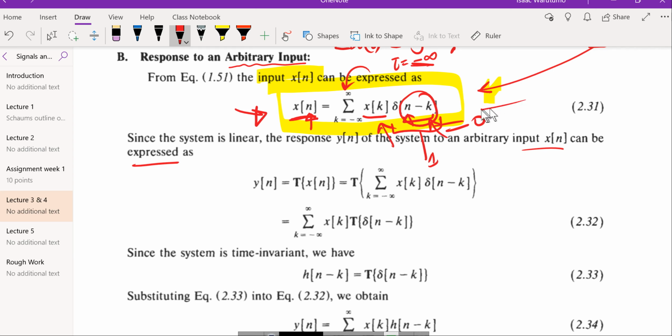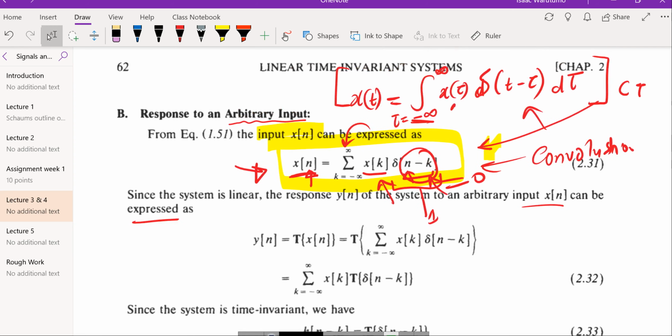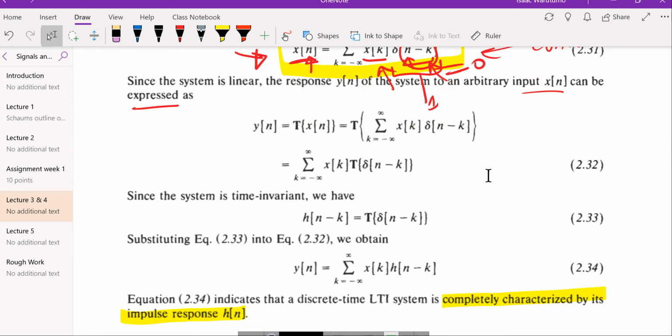So this is what we refer to as the convolution sum, and what we found earlier is what we refer to as the convolution integral. We want to express our system in terms of the convolution sum. If this is my arbitrary input, it is being acted upon by the operator T, which we are using to describe our LTI system.